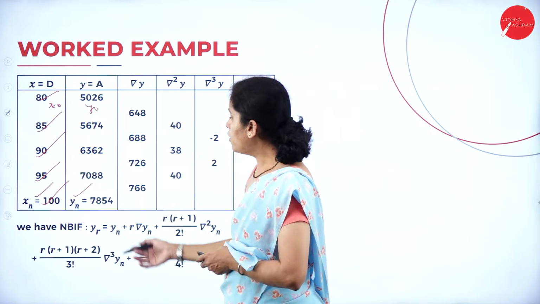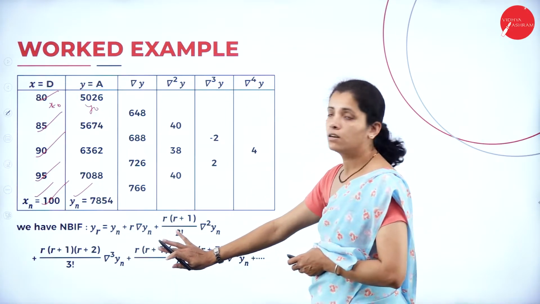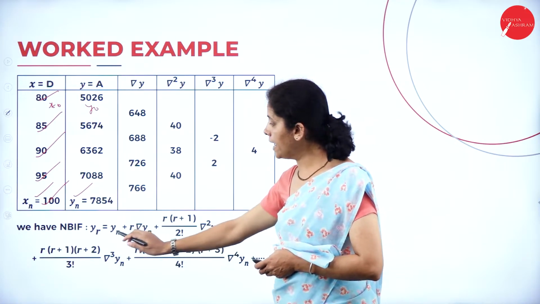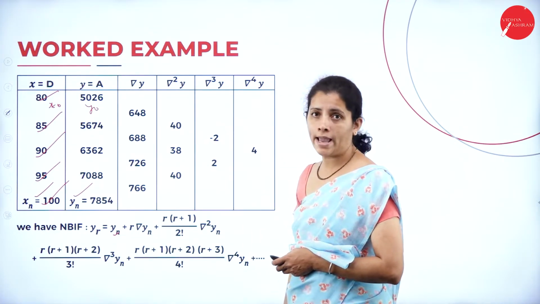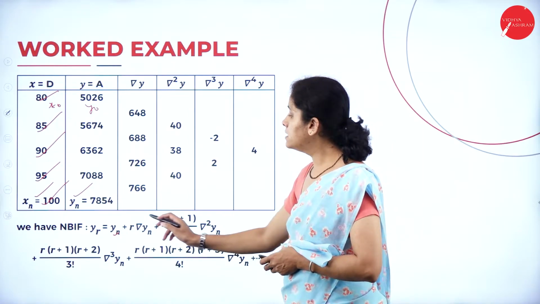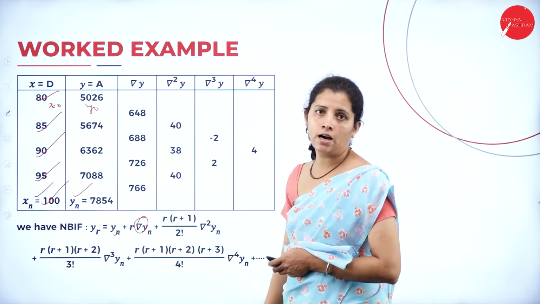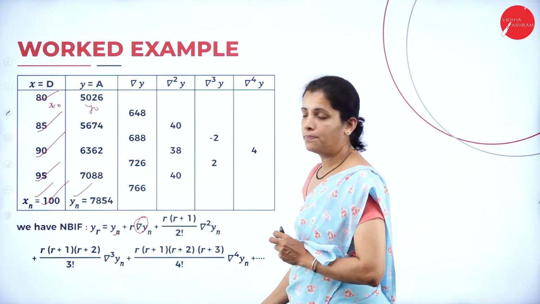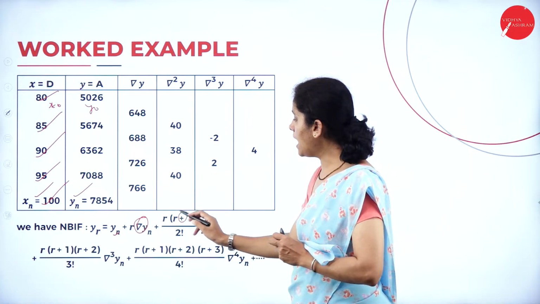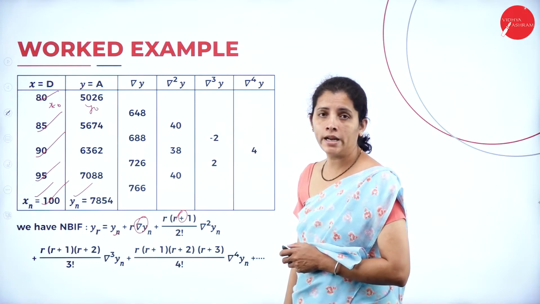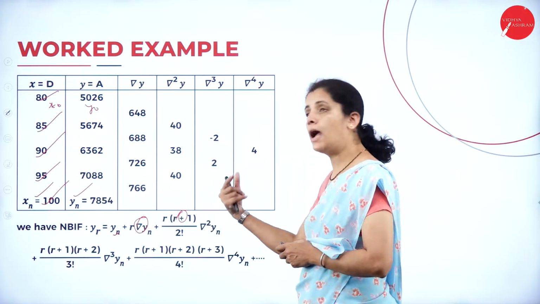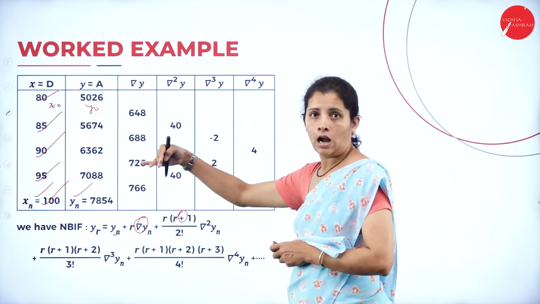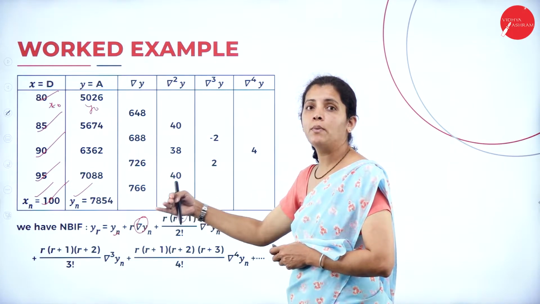Now, according to the formula, see here. If it is the backward interpolation formula, then I have to consider yn and inverse delta. So reverse delta. Okay, because it is backward, and see here, I have the plus operator, in the sense I'm going to add, and it is backward in the sense after 100 I'm going to get the value.